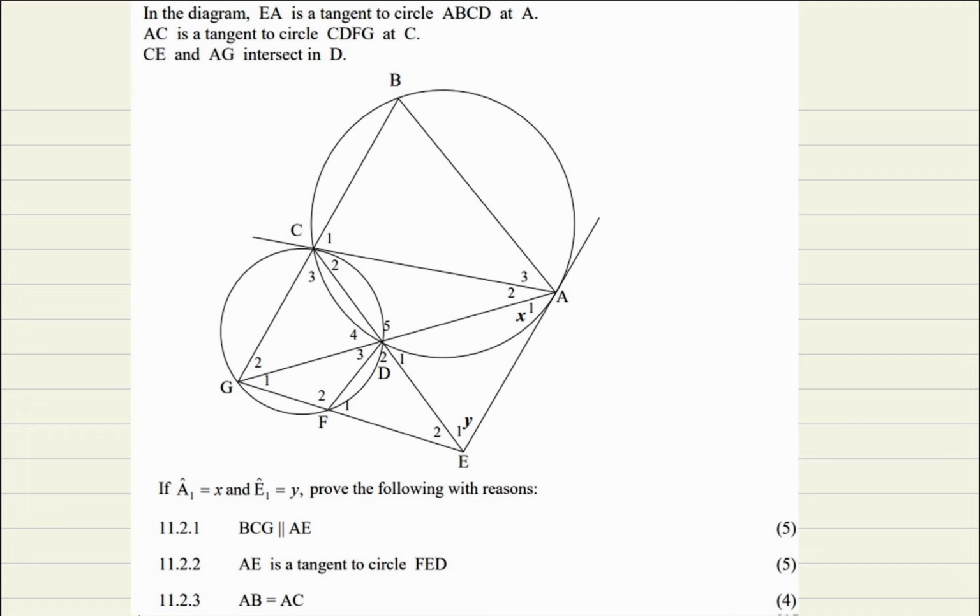We have a problem like this. This is a problem for Euclidean geometry. I love it. In the diagram below, we have AE, which is a tangent to a circle, and they name the circle with four corners.